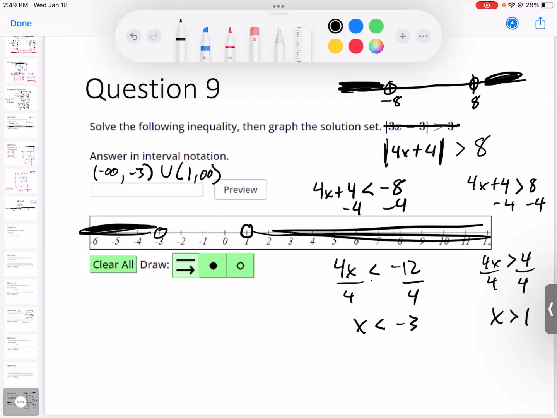And then also you have to include the ones that are bigger negatives, you could say. And then the ones between would be if it was a less than sign, because these numbers have to be smaller than 8. But they also can't be so small that they're like -9 or something like that. So if the absolute value stuff is bigger than the number, then it's an outside one.